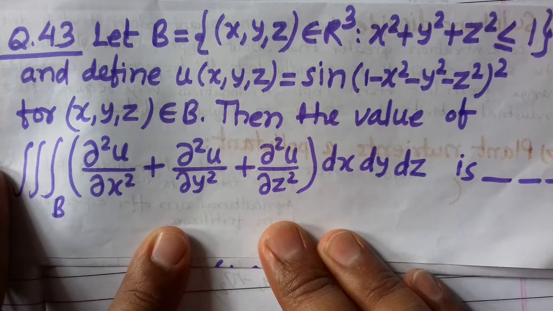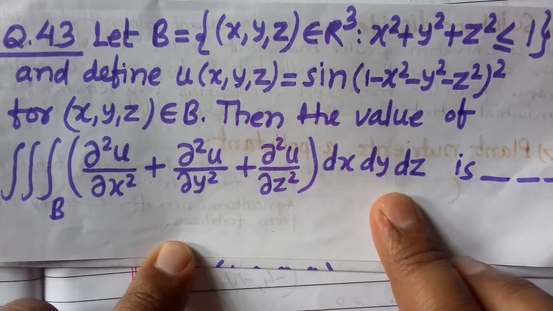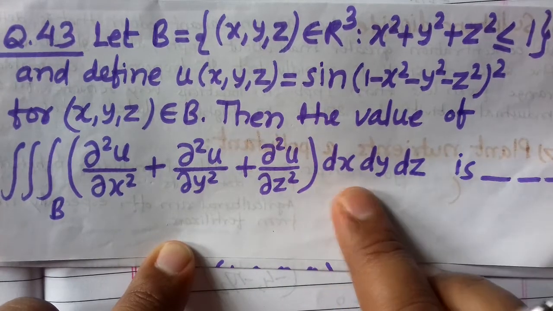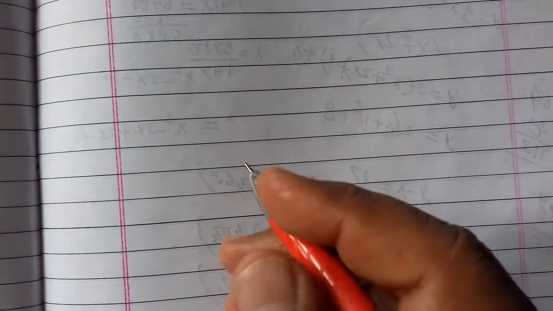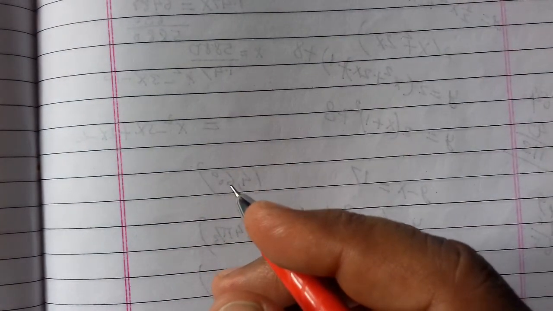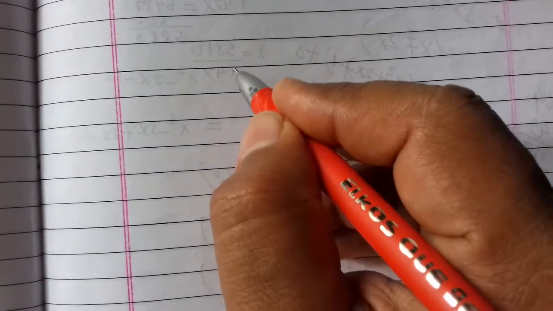Here is the question. You see the question, and you know this is a volume integration, because you see triple integration. And you know volume integration and surface integration are related according to this formula.